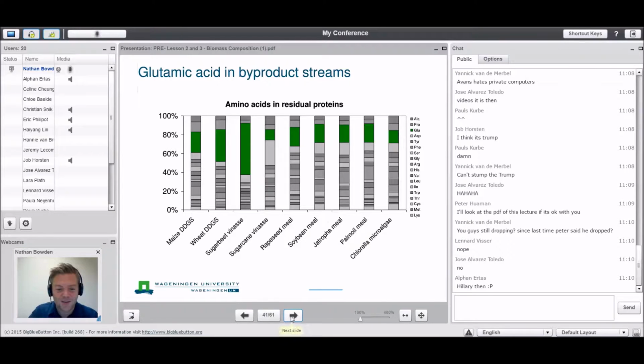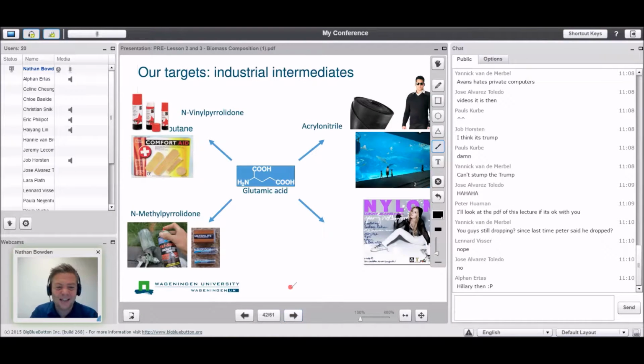And by the way, that's what I'm doing. But we'll see. The targets are, for example, if you can get glutamic acid, you can make all sorts of things. So as I mentioned, monosodium glutamate, which is a good food additive, but you can also make vinyl. You can make acrylonitrile, which is in all sorts of things, such as your clothes and polymer plastics that keep large tanks of sharks.